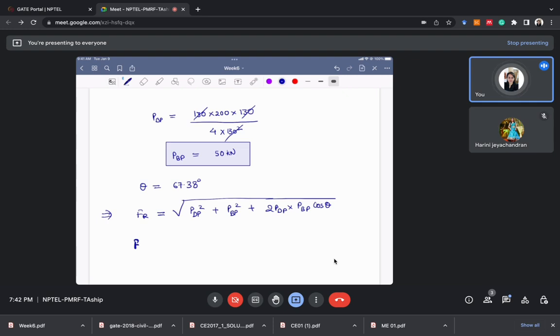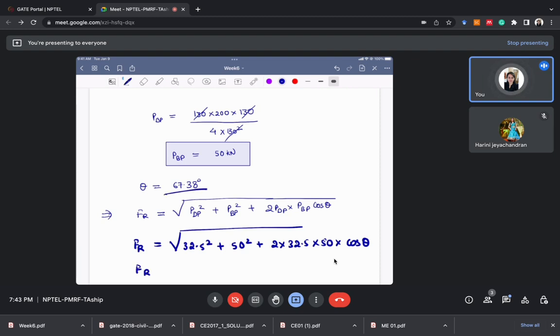So we calculate FR as under root of 32.5 square plus 50 square plus twice of 32.5 into 50 into cos 67.38.